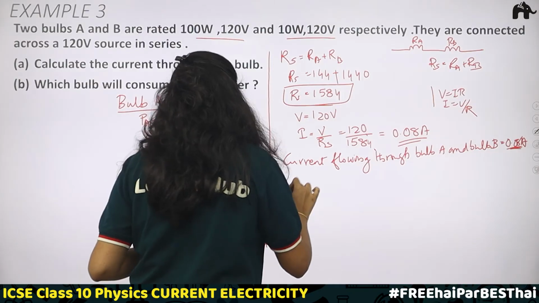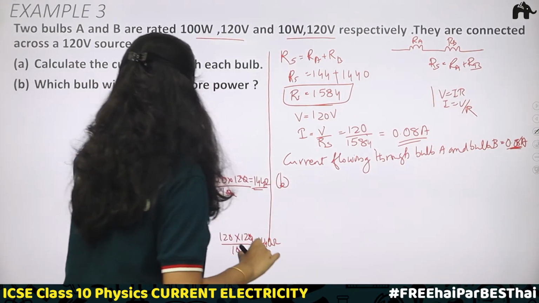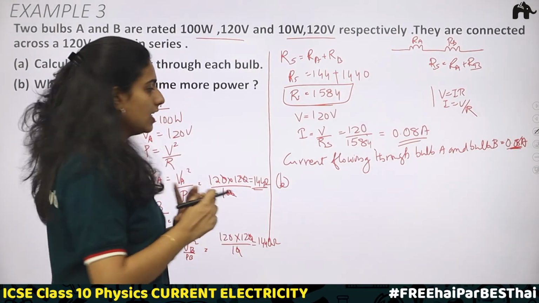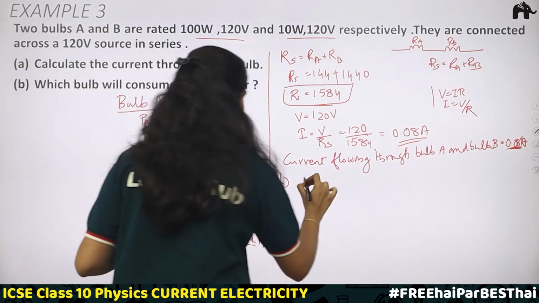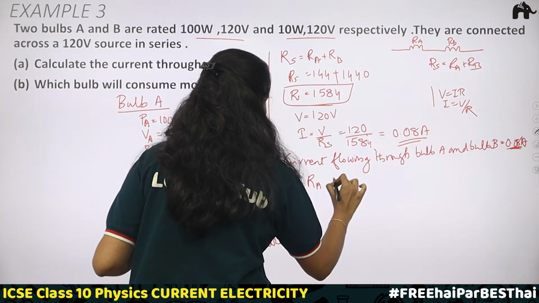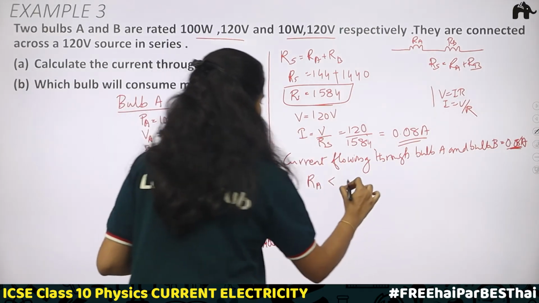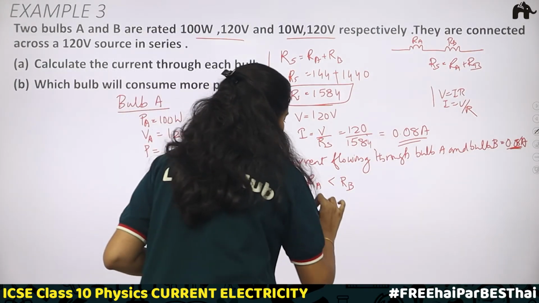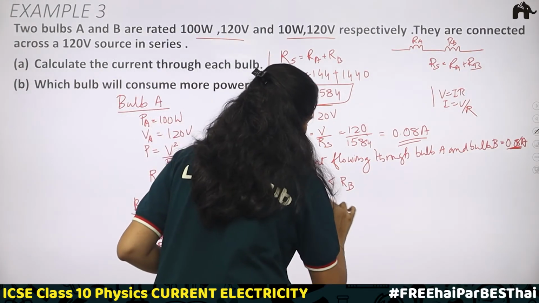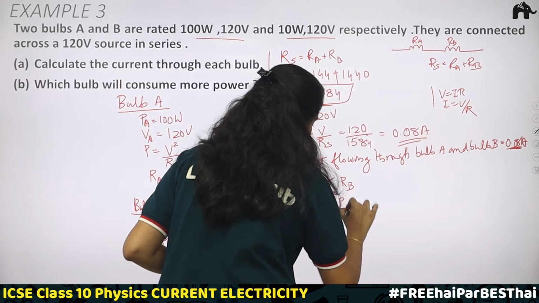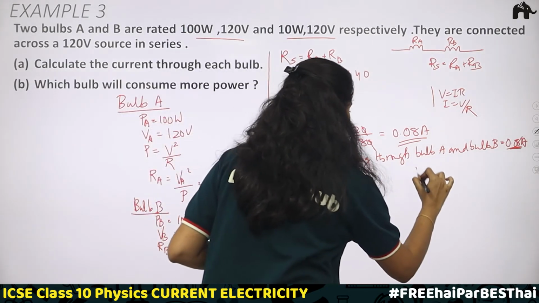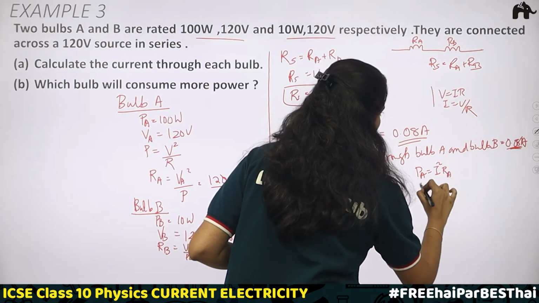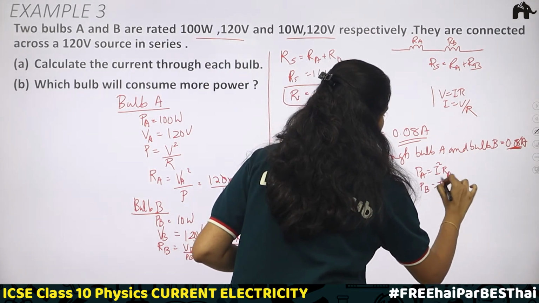Now the second part of the question: which bulb will consume more power? Check the resistance. We know that the resistance of A is less than the resistance of B. We have a relation, power is equal to I square R. Power of A will be I square RA and power of B will be I square RB.